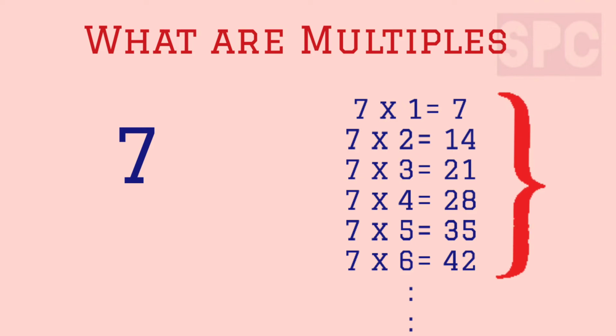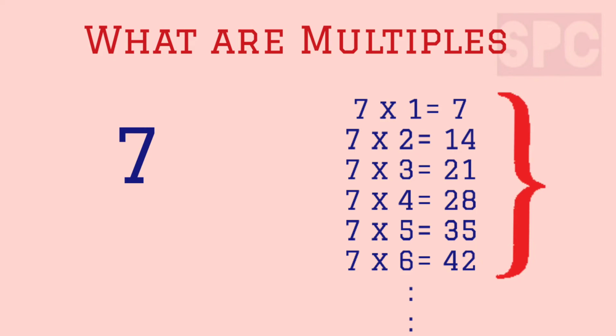You can say that 7 is the multiple of 7 and 1. Similarly, 14 is the multiple of 7 and 2. 21 is the multiple of 7 and 3. 28 is the multiple of 7 and 4.